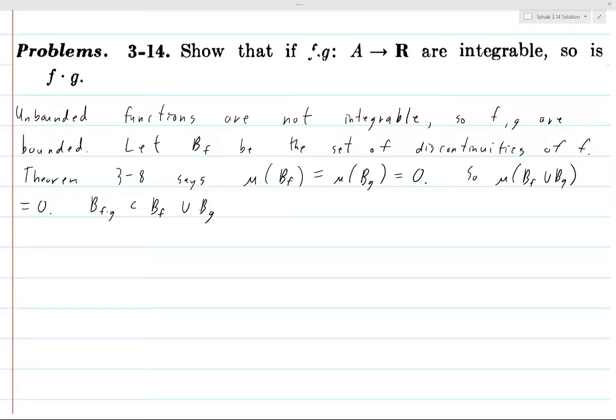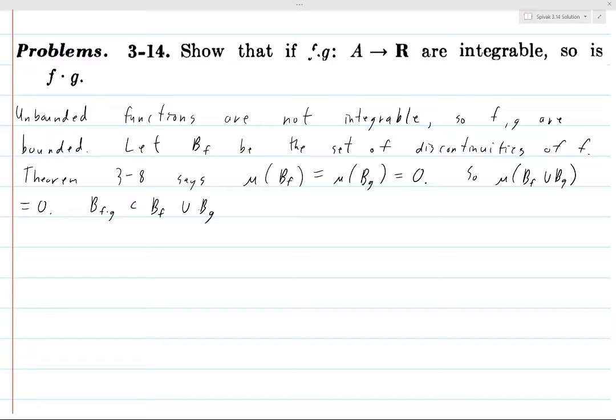I mean, it's possible that you can have a point in Bf or in Bg which is not in Bfg. But if you've got a point of discontinuity of f times g, then it can't be the case that both f and g are continuous at that point.